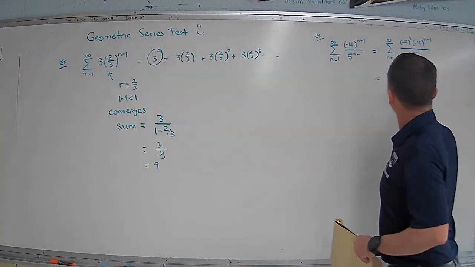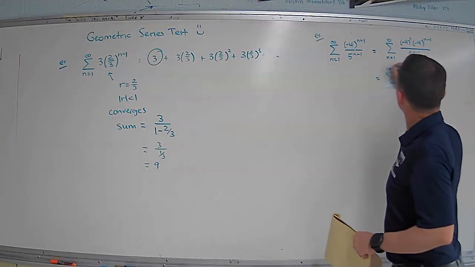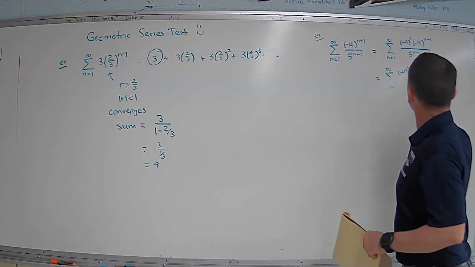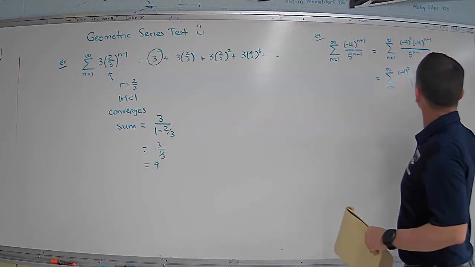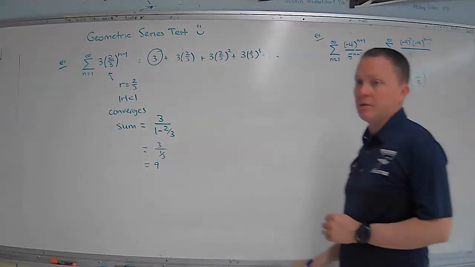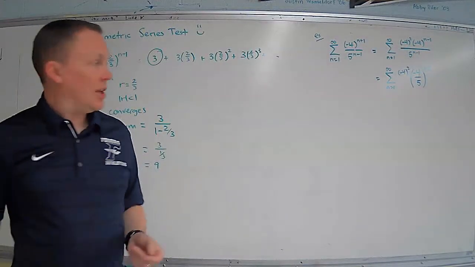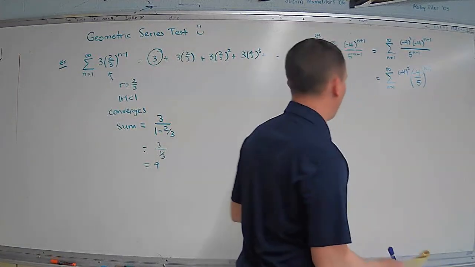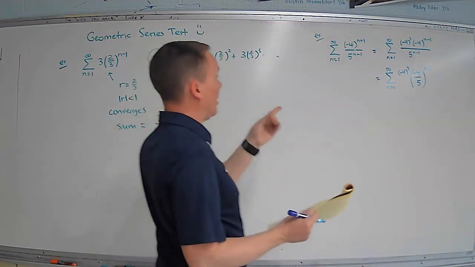And then I can rewrite that as (-4) squared times (-4/5)^(n-1). Okay? And now it's in that form where I have some number times the common ratio raised to the n minus 1 power. So we can write, hey, it's geometric.